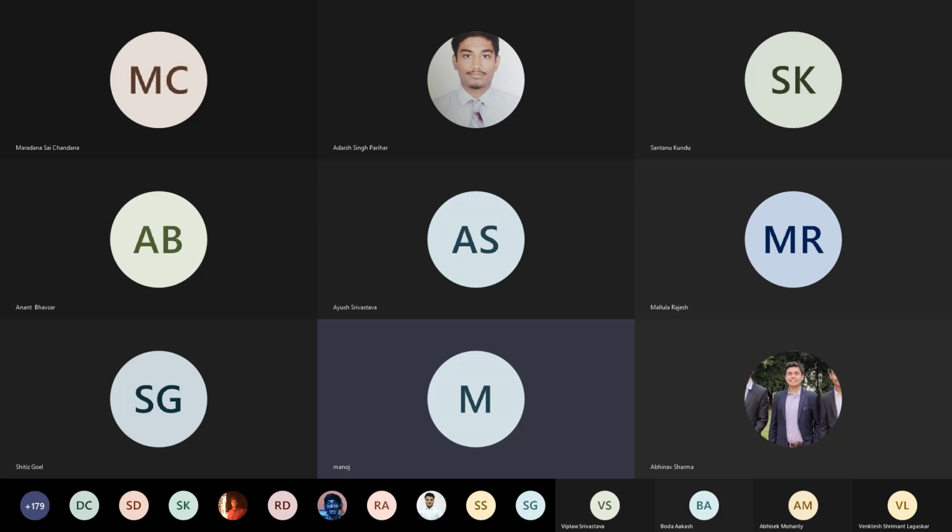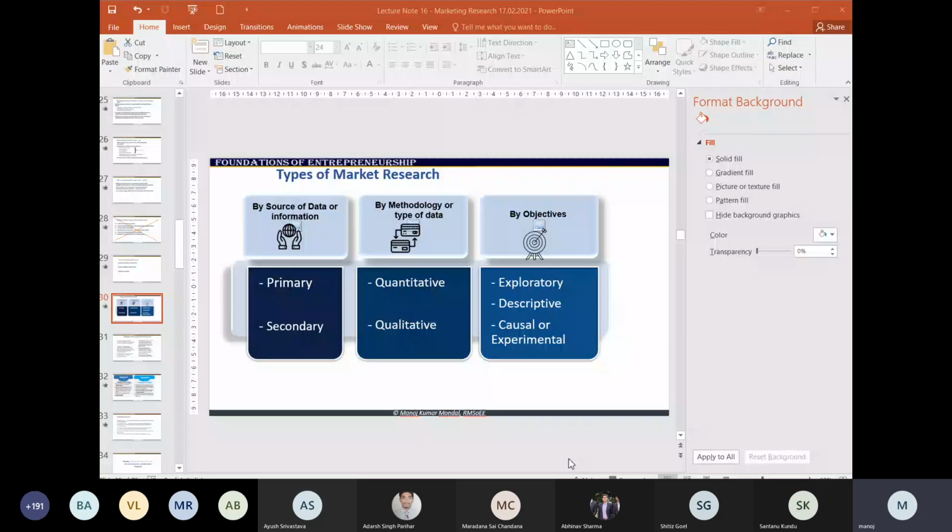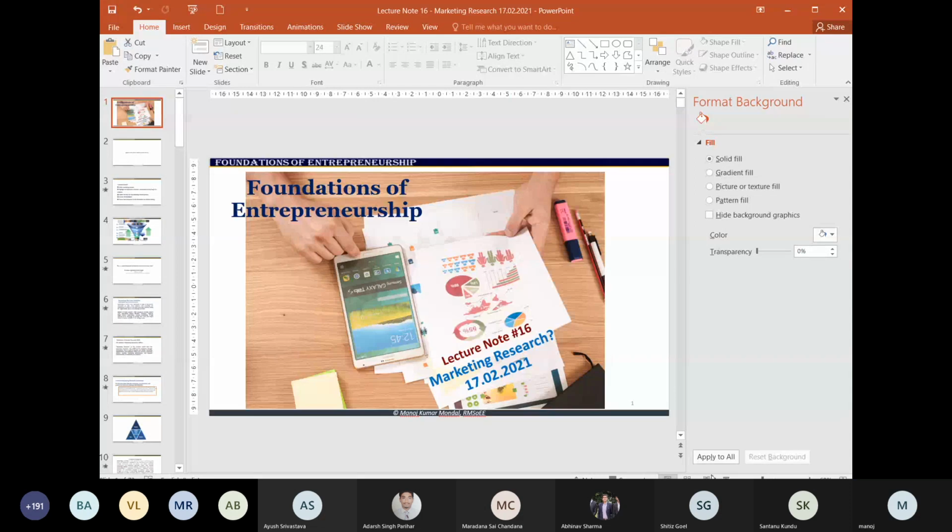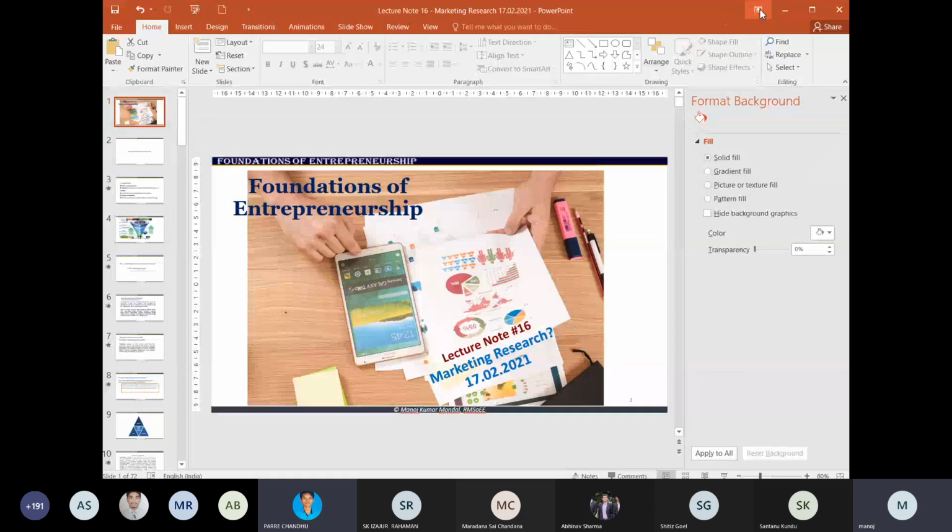So tell me whether this slide is visible or not. Are the slides visible? No, sir. Still it is not visible.